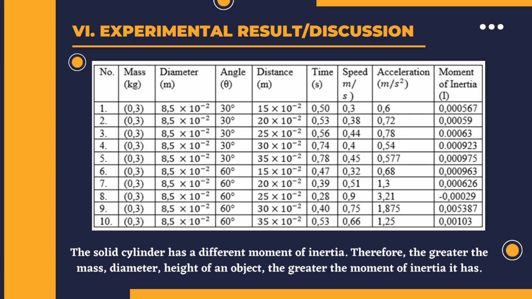The solid cylinders have the same mass, 0.3 kg, and a diameter of 8.5 times 10 to the power of minus 2 meters. The solid cylinder has a different moment of inertia. Therefore, the greater the mass, diameter, and height of an object, the greater the moment of inertia it has.